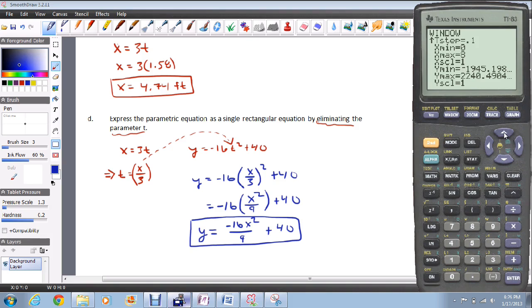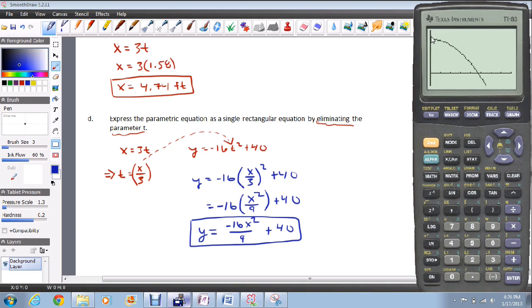The starting height, maybe you can recognize from the equation, is 40. That's just a matter of remembering those formulas a little bit. I'm going to put about 50 in, a little bit higher. For the Y min, I'll show some negative values, negative 15 or negative 20, just to show the x-axis. If I hit graph now, we're going to see the path of the ball.